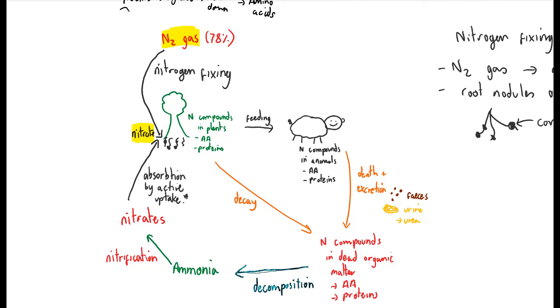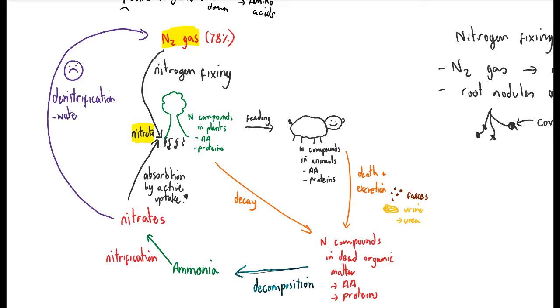Now, the final process that we need to talk about is this one. And this one is bad. This is denitrification, and it's carried out by denitrifying bacteria. This will only happen in waterlogged soils where there is no oxygen.